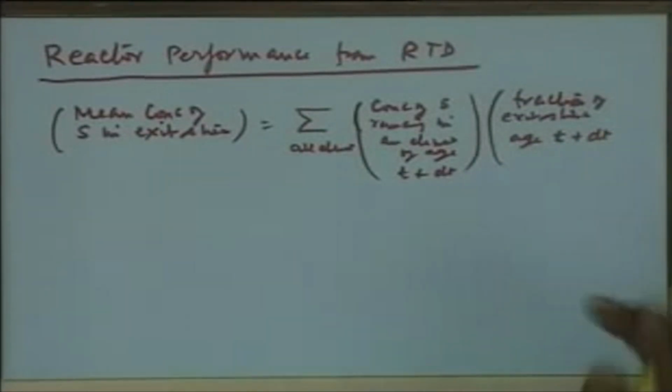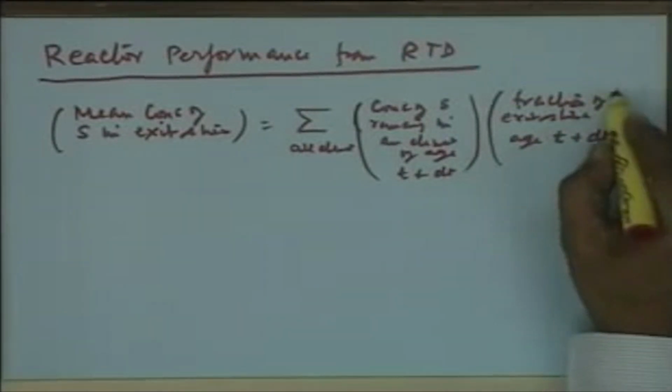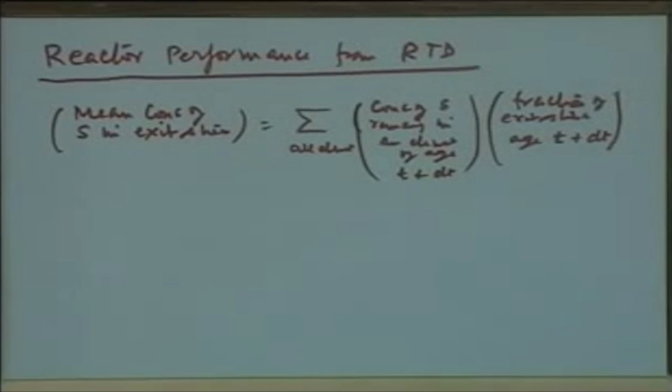Now, if you just take a differential element of the fluid stream which passes through in time dt, whatever the concentration of substrate in that stream, multiplied by the fraction of the exit stream which is of age between t and t plus dt, and you sum it over all the elements.